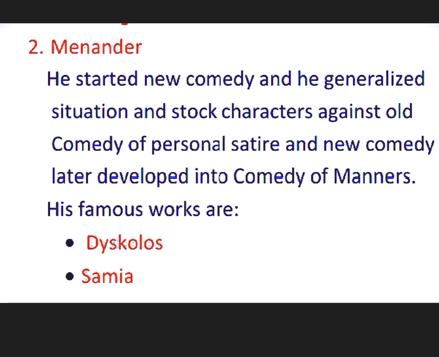Next one is Menander. Menander, as we have already discussed, started new comedy and he generalized situations, and he had stock characters, against the old comedy of Aristophanes. The old comedy is about personal style, and new comedy later developed into comedy of manners.